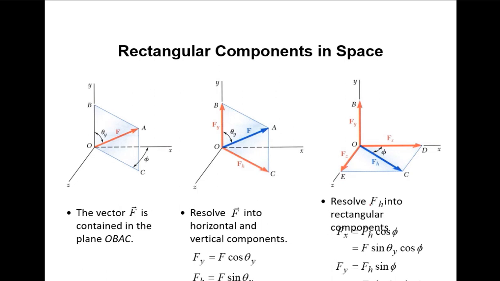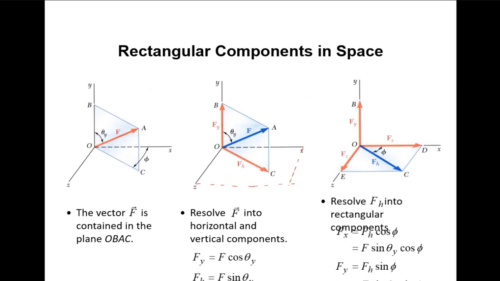Now if I have to resolve Fh into rectangular components, this Fh can also have rectangular components along this x direction as well as along this z direction, right? Now this Fh is contained in this xz plane, isn't it? It is contained in this xz plane, correct?